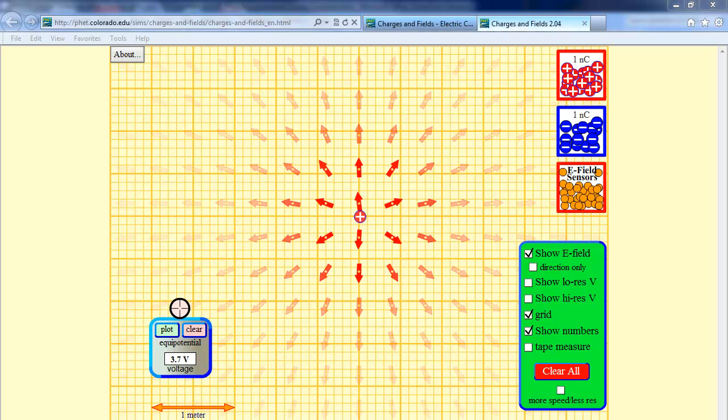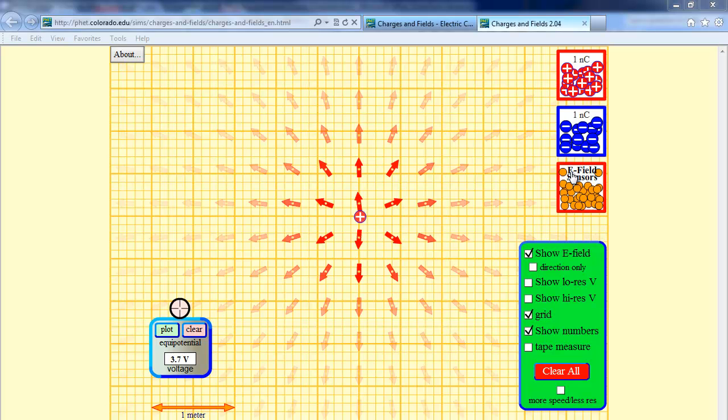The next part is to actually find the E field both by calculation and by putting an E field sensor on the graph. I'm going to show you the experimental method first, which is using the E field sensor here. First we want to know what the field should look like 0.5 meters away from the charge.